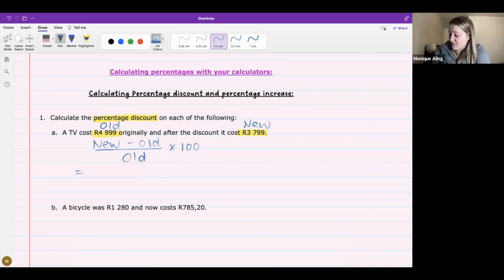Okay, so we take our new price of the TV, which is 3,799, minus the old price of the TV. And again, you can put this all in your calculator straight away in one step. Nice, Carlo, brilliant formula there, 100% correct.